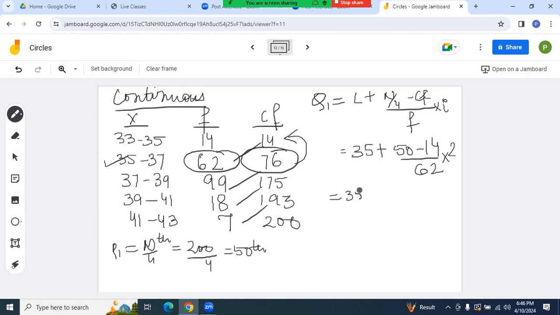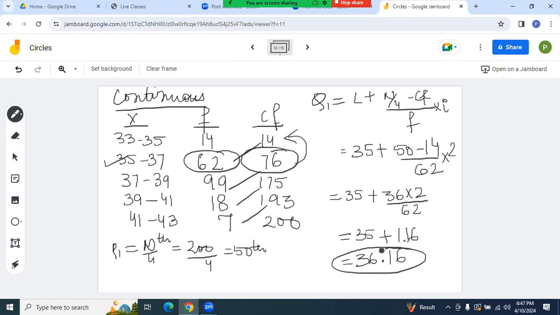It will be 35 plus 50 minus 14, 36 into 2 upon 62. If we solve it, 35 plus 36 into 2, 72 upon 62, it will be 1.16. 36.16 is Q1, quartile 1.